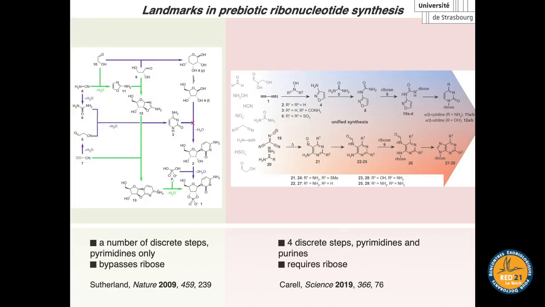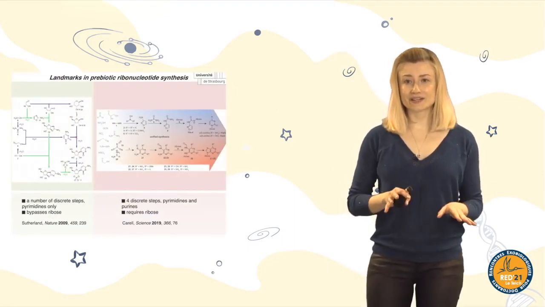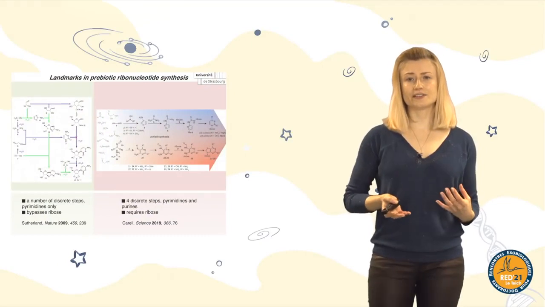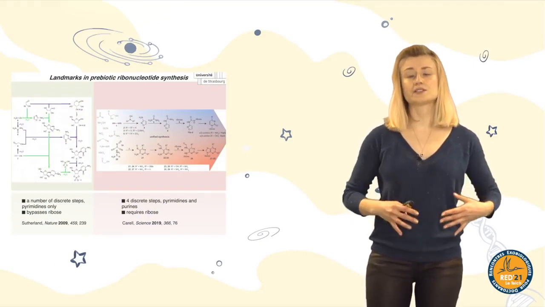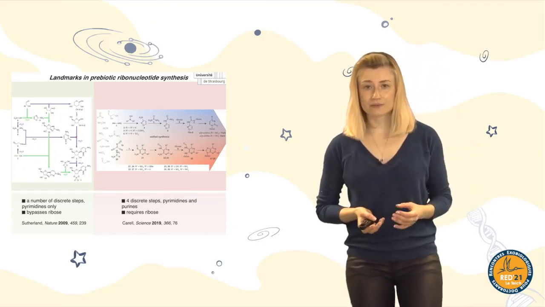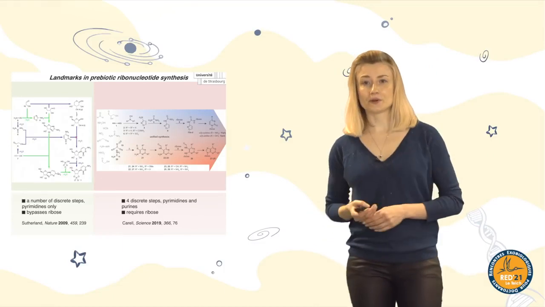So we've got a synthesis by Sutherland on the left-hand side, and on the right-hand side we've got the synthesis by Carrel. So without going into very specific details, what I can tell you is that most of the time these approaches follow the discontinuous network approach, the one on the left a bit more so than the one on the right.